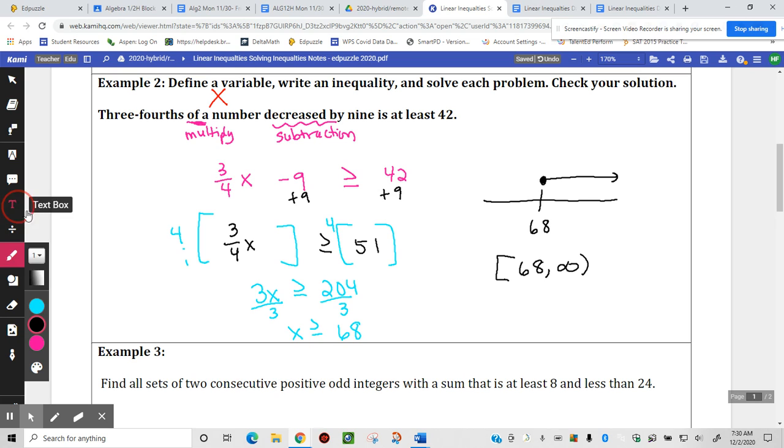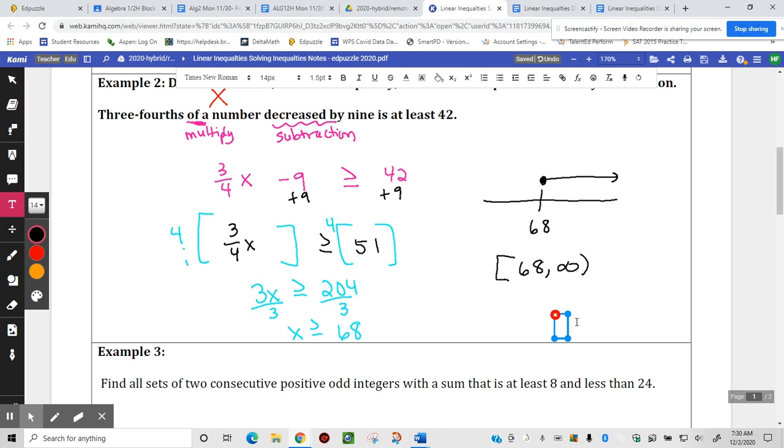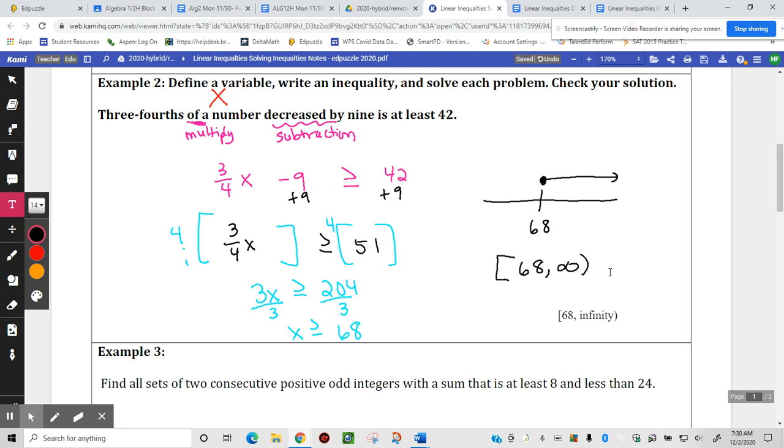You're going to have to type it in because it's Edpuzzle, and that's just kind of how that works. There is a bracket key next to the letter P. So you can do bracket, type in 68, and you can just type in infinity. That's probably the easiest way to do it.